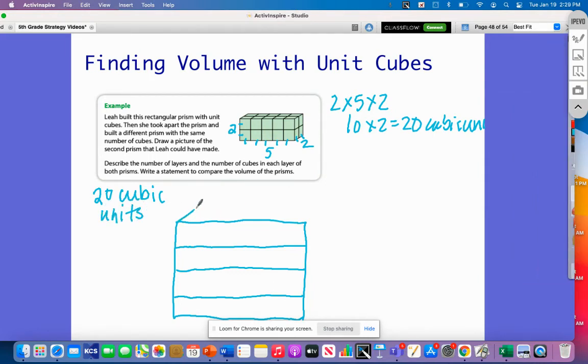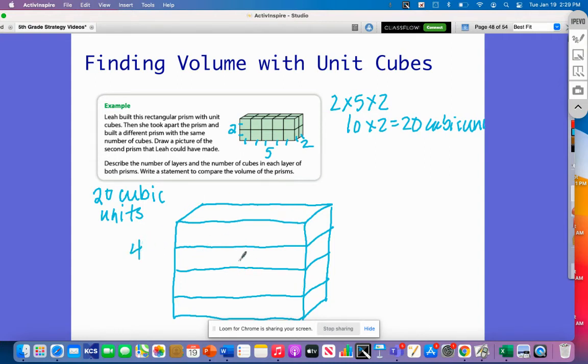Okay, and then I'll make this look like a cube. So I've got 1, 2, 3, I have 4 layers here.